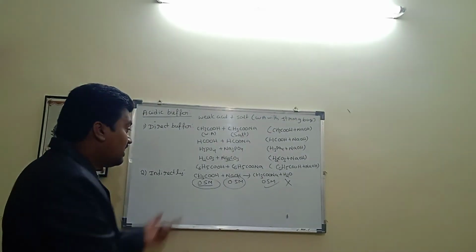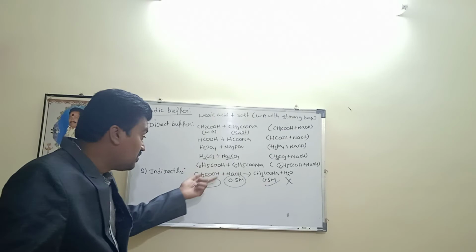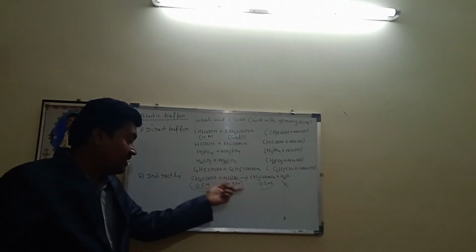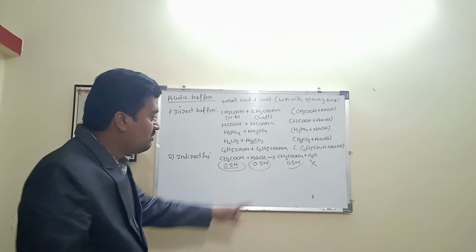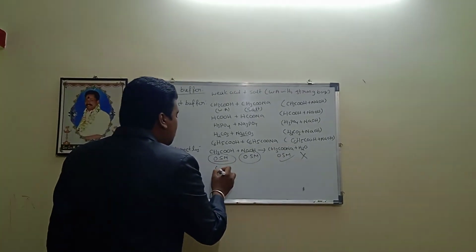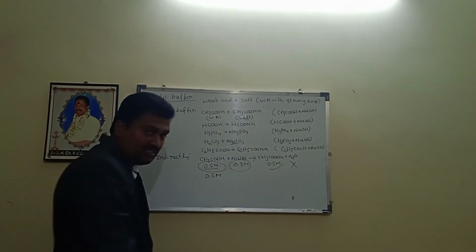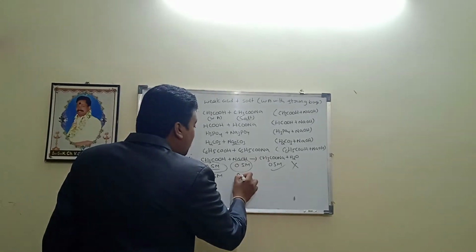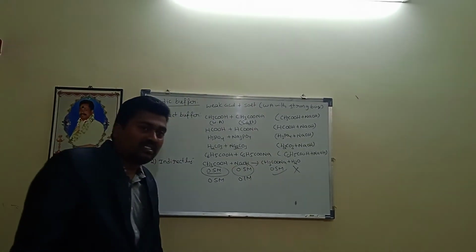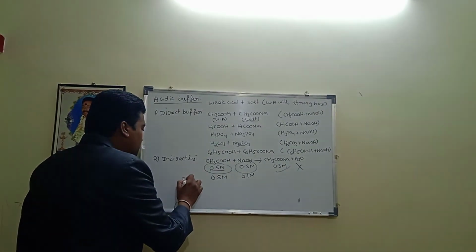But when you take a different proportion, where one of the compounds is in excess and the other is the limiting reagent, what happens? Let us suppose I am taking 0.5 molar acetic acid and only 0.1 molar sodium hydroxide. This is the initial concentration.